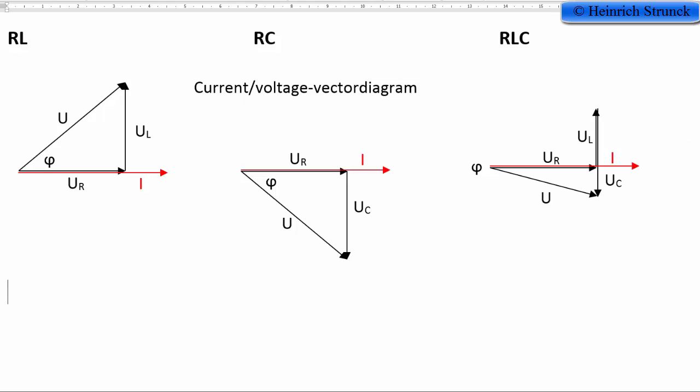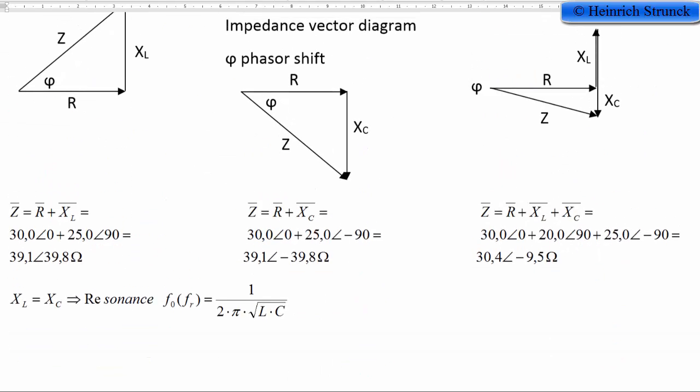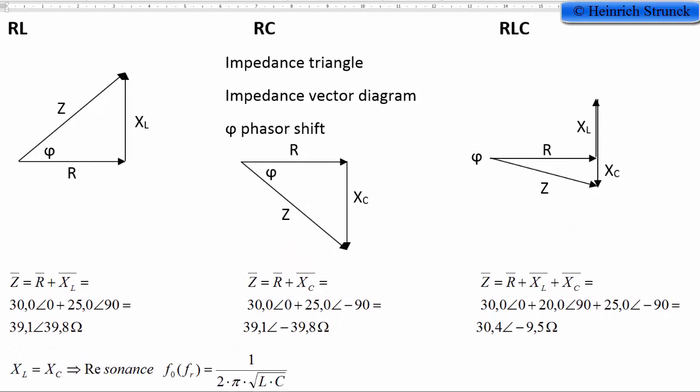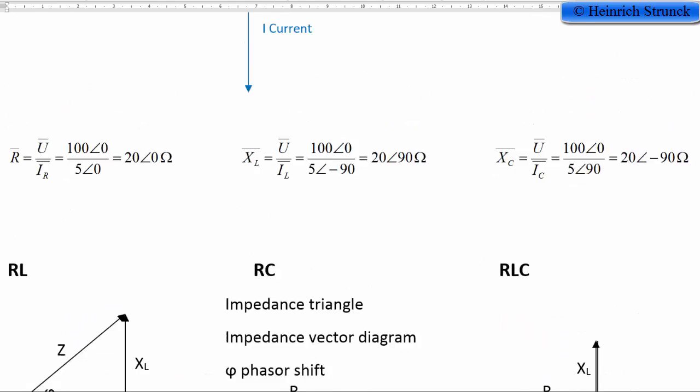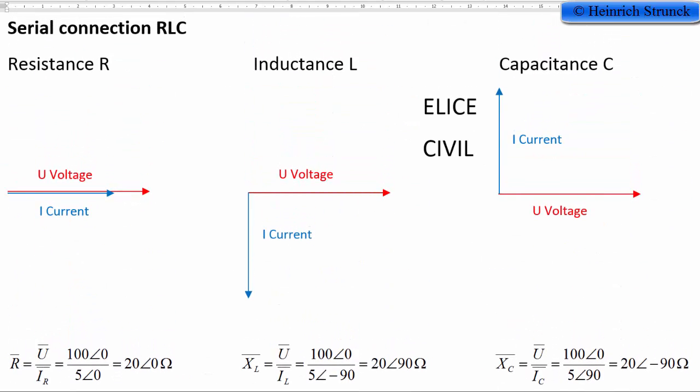So for the serial connection we can make these current voltage vector diagrams, or we can make these impedance vector diagrams, and we should know that the angle phi is the same up here for the impedance vector diagram as it is for the current voltage vector diagram. And we have two rules, either ELI or ICE.